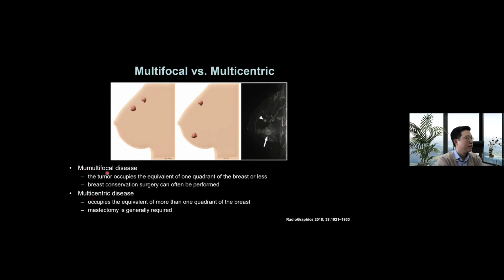And multifocal means that those tumors occupy the equivalent or less of 1 quadrant of the breast. So surgical method could be breast conserving surgery. And if it's a multicentric disease, those multiple tumors are involving more than 1 quadrant of the breast. So mastectomy should be done in most cases.